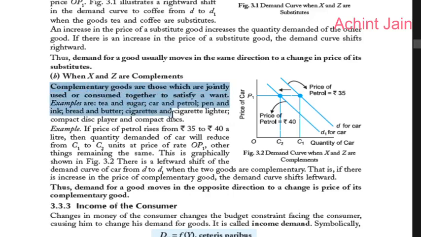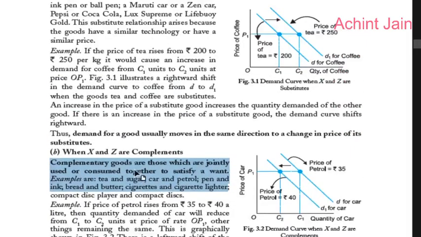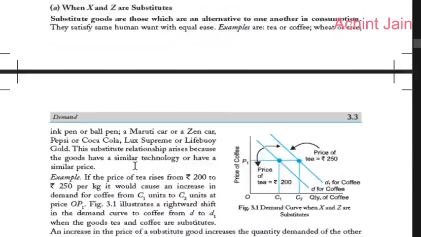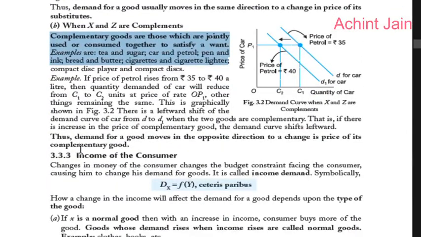Suppose you have a car but no petrol, then how can you use it? Suppose you have a pen but no ink, then how can you write? Suppose you have bread but no butter, then how? Then we can say these combinations of goods are called complementary goods. Now if we try to see the effect of complementary goods on individual demand, then we should define it.